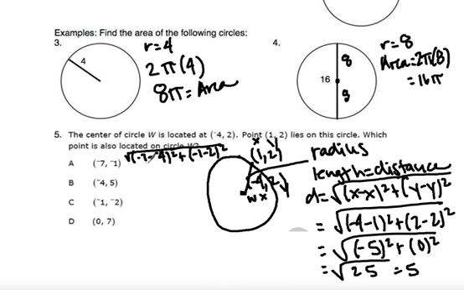So that would be the square root of -3 squared, because -7 minus a -4, minus a negative will turn to plus a positive. So -7 plus 4 would give you -3. -1 minus 2 would also give you -3. So you would basically have 9 plus 9, which would give you the square root of 18, which is not 5. So this one's out.